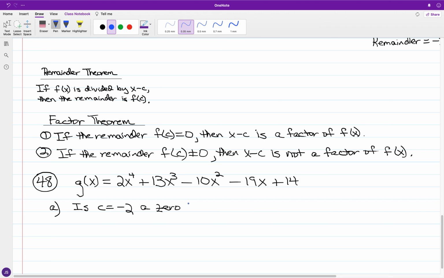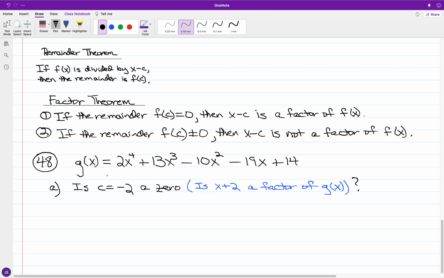In other words, it is asking, is x plus 2 a factor of g of x? Okay, so if c equals negative 2 is a 0, then x plus 2 would be a factor of g of x.